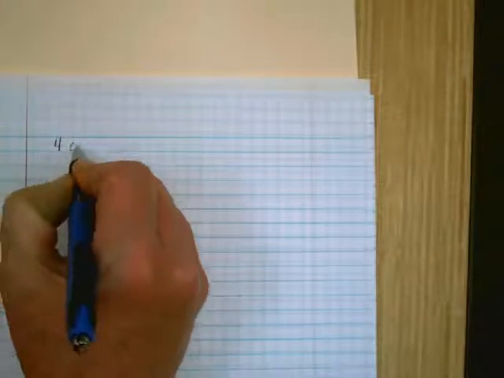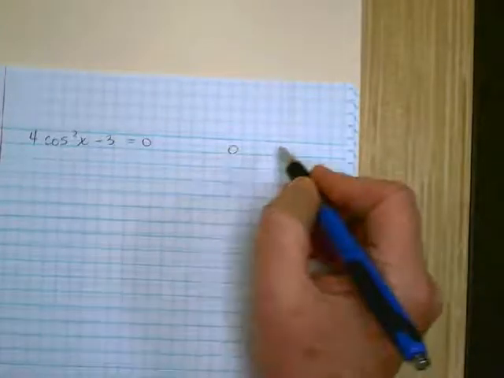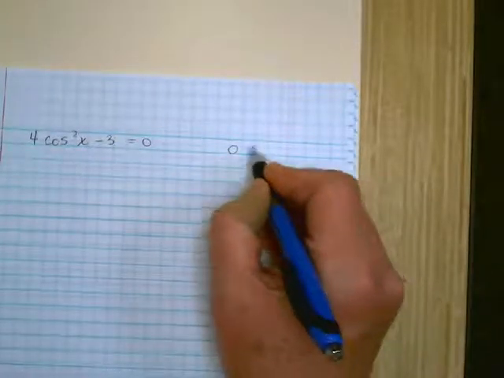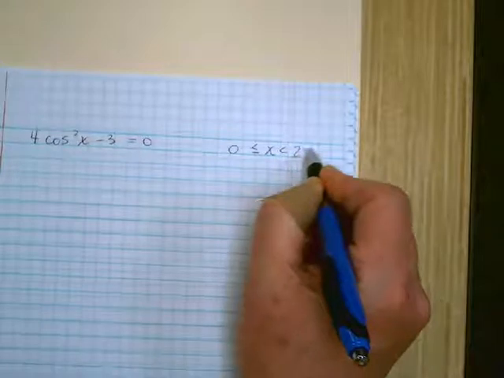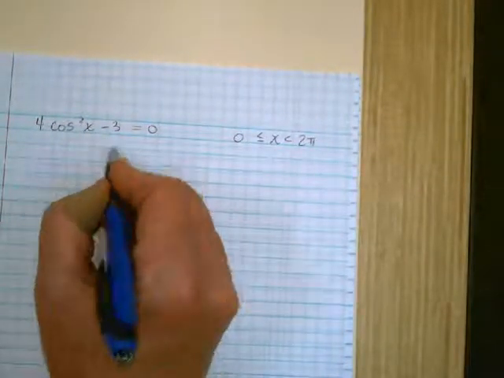Our next example asks us to solve 4 cosine squared x minus 3 is equal to 0 on the interval from 0 to 2 pi. So we start here, we're going to add 3 to both sides.